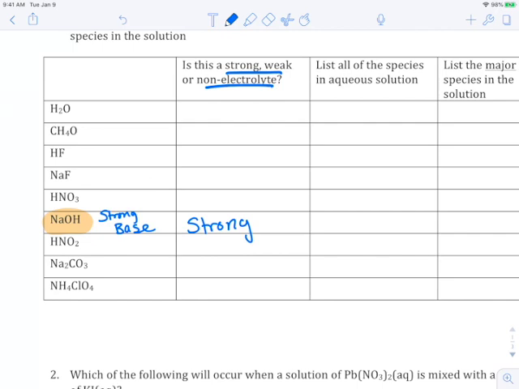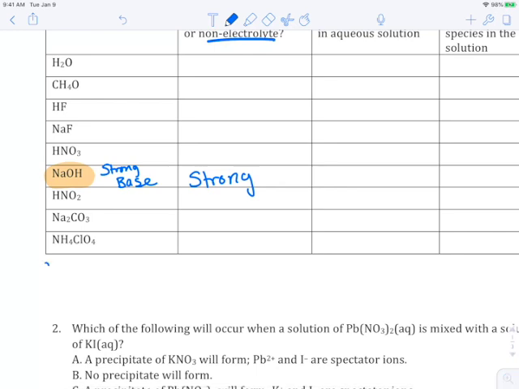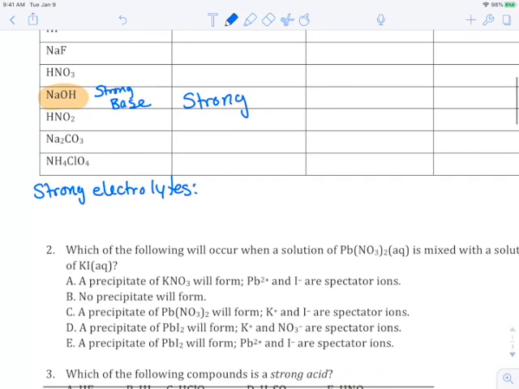And just for fun, let me make a list here. Strong electrolytes. There were 3 things that were strong electrolytes. We just said they were strong bases. What are the other 2 categories? I hear your strong acid and ionic compounds.